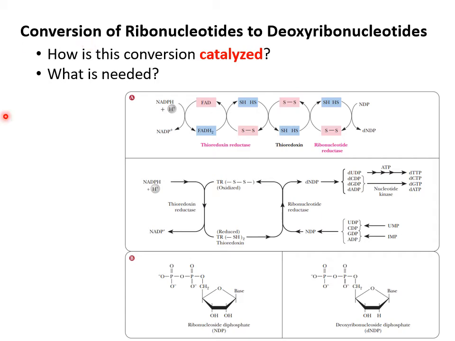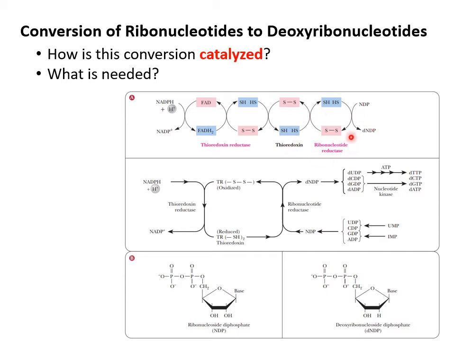When we look at this conversion, first of all, it's catalyzed by, so I'm trying to find it in the figure here, thioredoxin reductase, okay, thioredoxin reductase, and ribonucleotide reductase, okay? So they highlighted in pink the main enzymes involved in this process, and circle star highlight ribonucleotide reductase.